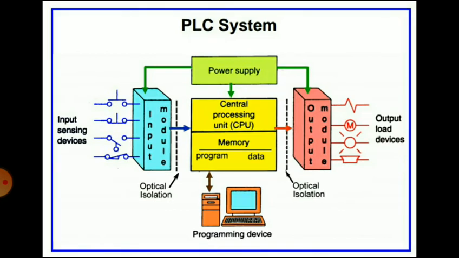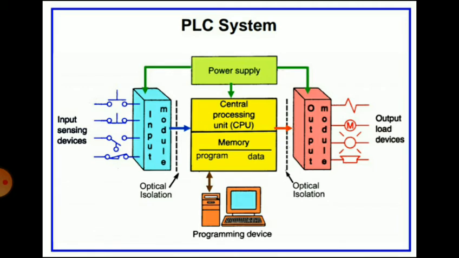Now we will see the basic structure of the PLC. A typical PLC system has 5 parts. First is a central processing unit, that is called a CPU. Then input and output unit. You can see in the diagram, at the center there is a central processing unit. On the left hand side there is an input unit.